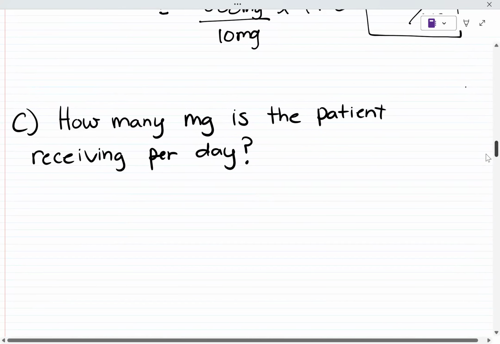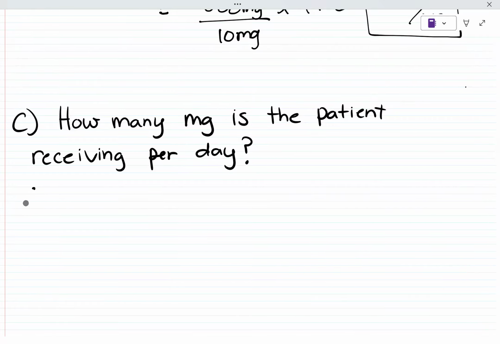Okay, part C says how many milligrams is the patient receiving per day? So if you recall in the problem, it said something about Q12H. That was in part of the prompt question. What that means is it's every 12 hours.